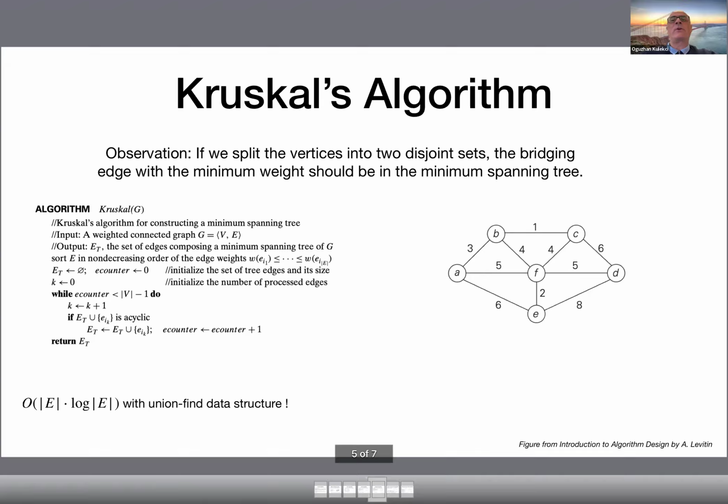With Kruskal's algorithm, it is the reverse. So Kruskal says that I will start with n different trees. N different trees means each vertex will be assumed a tree. And then I will merge these trees.